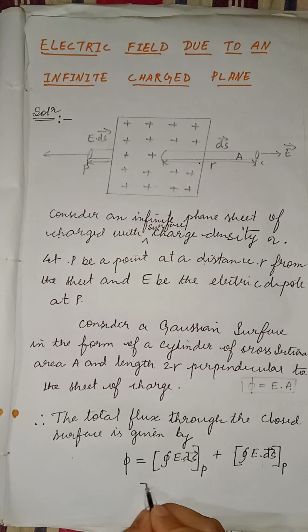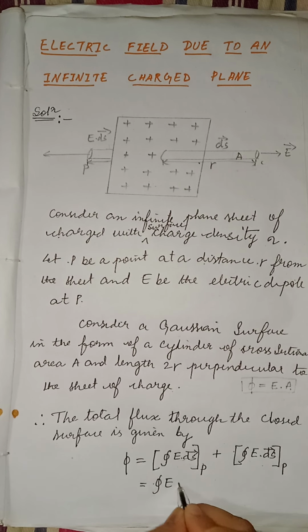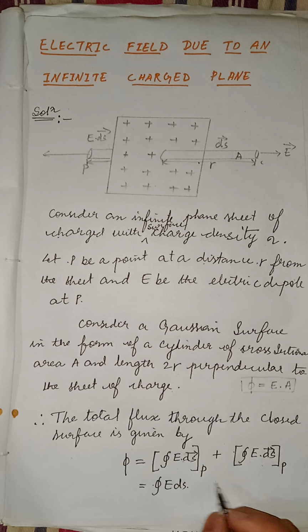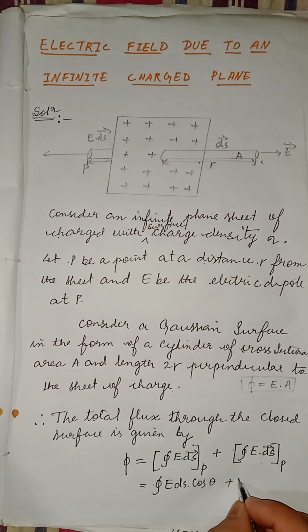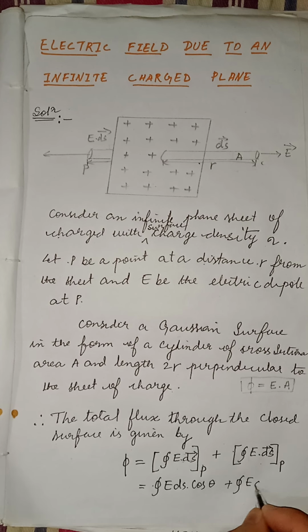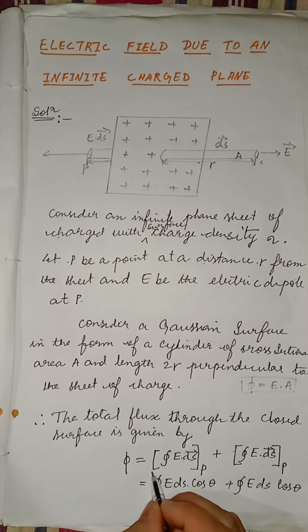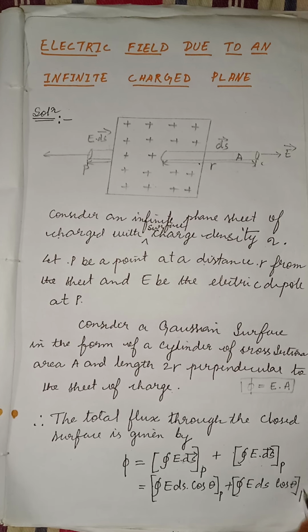So it will be closed integration of E dS cos theta, plus closed integration of E dS cos theta at the point P.